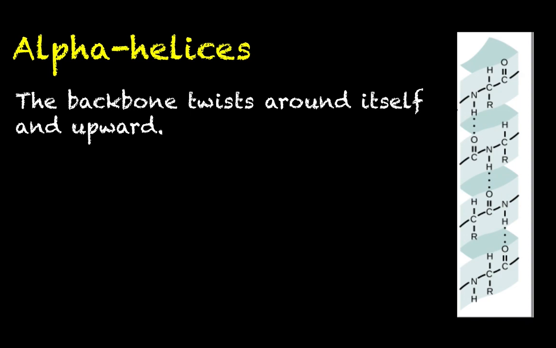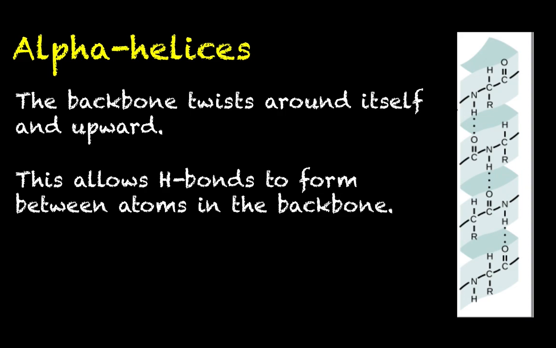So if we look at an alpha helix, the word helix here should be fairly familiar to you in terms of visualizing what it looks like. This is going to produce kind of an ascending staircase-like structure here. The backbone twists around itself and upwards. So what this is going to allow for is hydrogen bonds to form between atoms in the backbone.